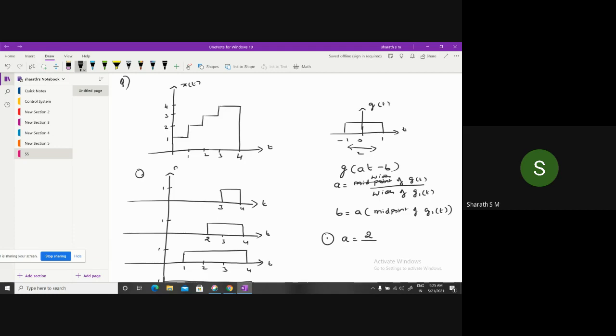What is the width here? 3 to 4? 1. So now the value of a is equal to 2. And b is equal to a into the midpoint of g1 of t. A is 2. And midpoint of g1, 3 to 4. What is the midpoint here? In between these two?